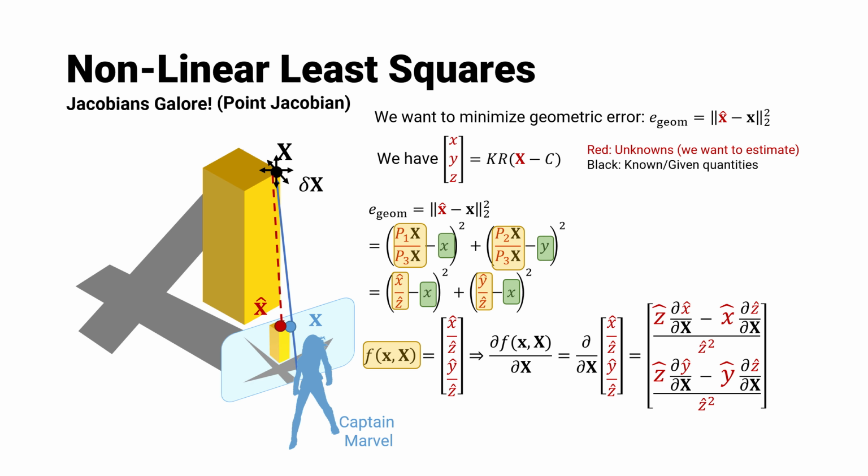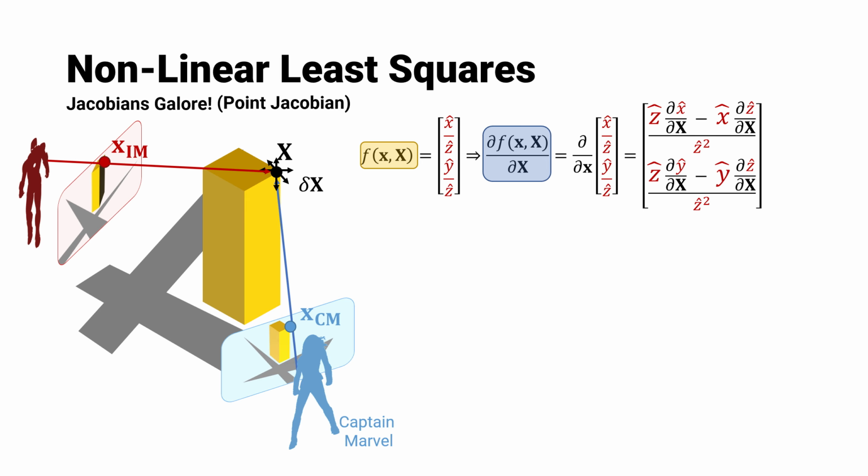Remember that the hat represents the reprojection. To obtain the derivative, it's simple. We just apply the chain rule for the fractional terms, and this is what we get. Let's look at what the value of dx hat by d capital X is and so on. So to obtain that is what the point Jacobian represents, and we are basically going to apply the simple chain rule, and this is the answer we get.